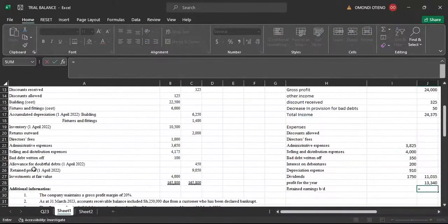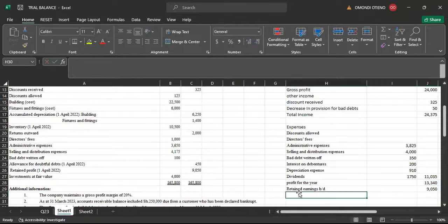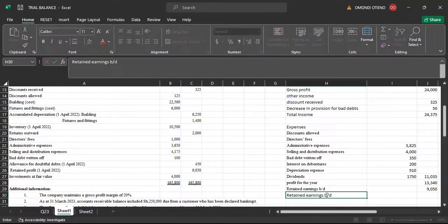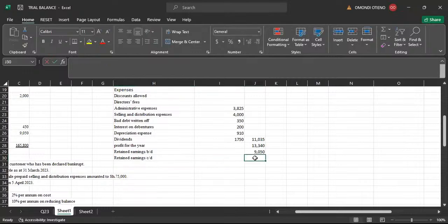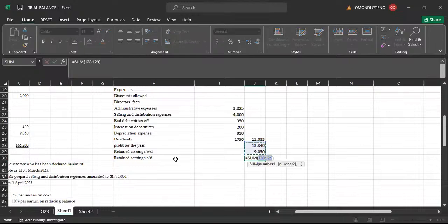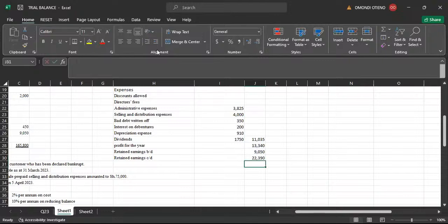This is it, so that we have our retained earnings carried down. So when we add that, that is 22,390.